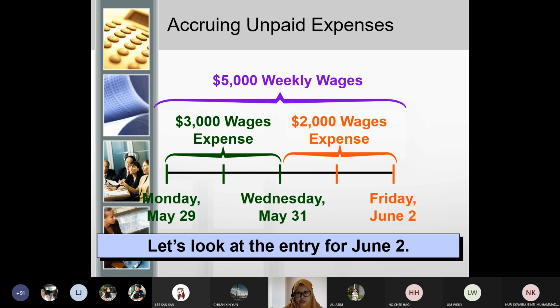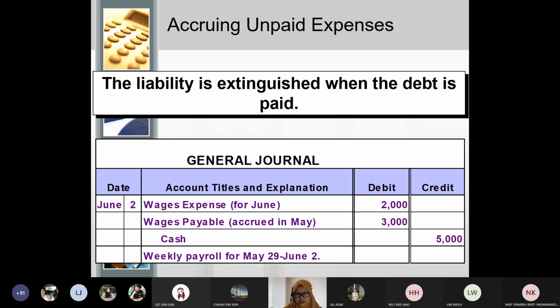So how to record the entry for June, because the payment is only made in June, June 2nd? That's why we have to carefully separate how much is incurred in May and how much is incurred in June. Now let's look at the entry.